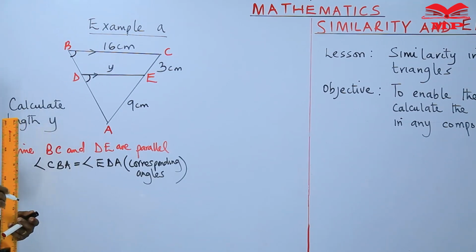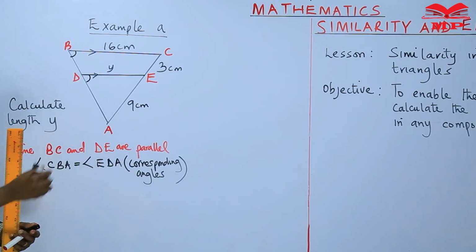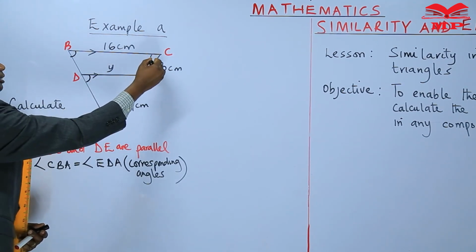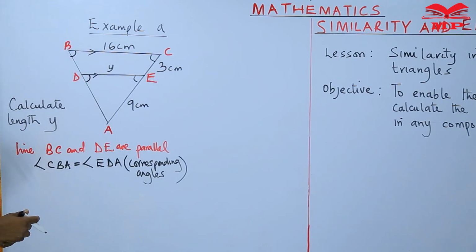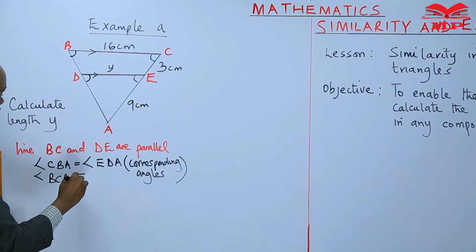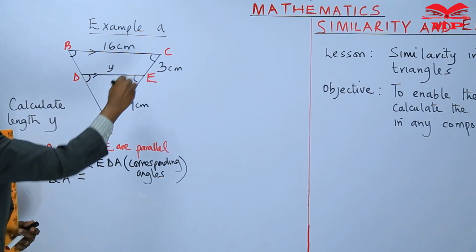They are corresponding angles. So you'll get two pairs. This is one pair, and that is the other pair. So you also realize BCA is equal to DEA.